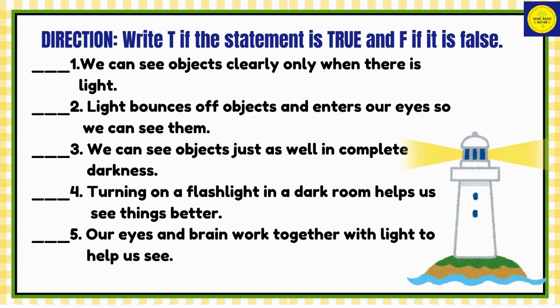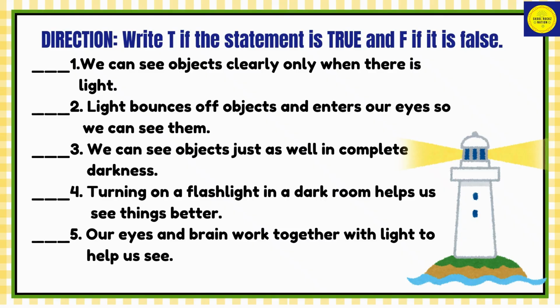Direction: write T if the statement is true and F if it is false. Number 1, we can see objects clearly only when there is light. Number 2, light bounces off objects and enters our eyes so we can see them.